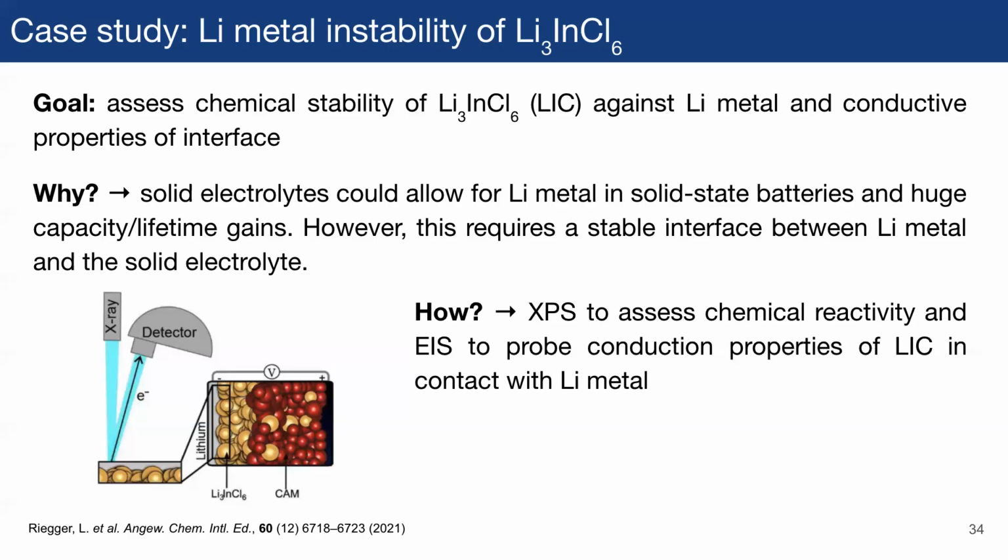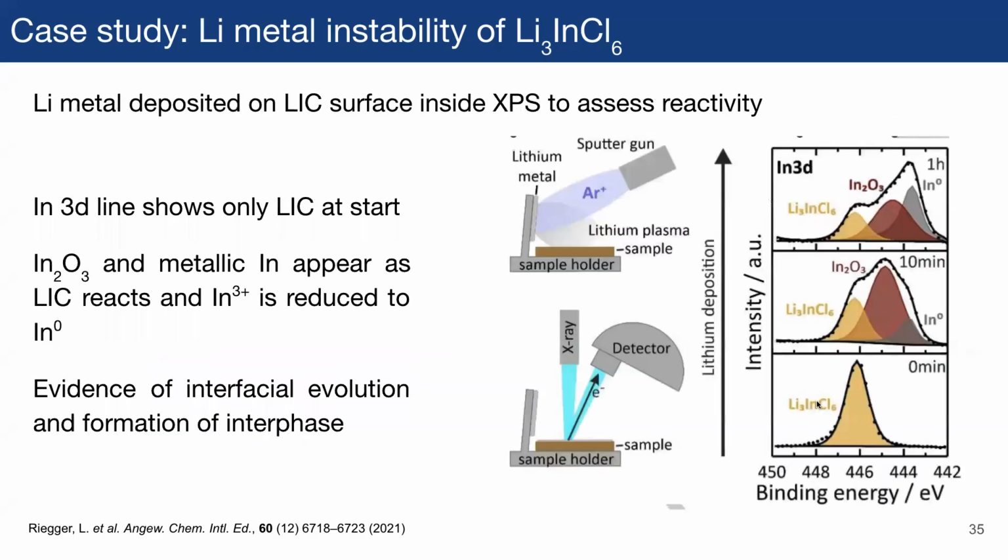So the way that this study was conducted was first to use XPS to assess chemical reactivity, and then use EIS to probe the conduction properties of the lithium indium chloride, which I'm shortening to LIC, when it's in contact with lithium metal. On the XPS side of things, the initial spectrum that they see at 0 minutes is just lithium indium chloride.